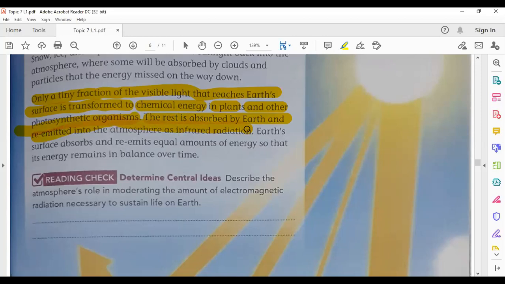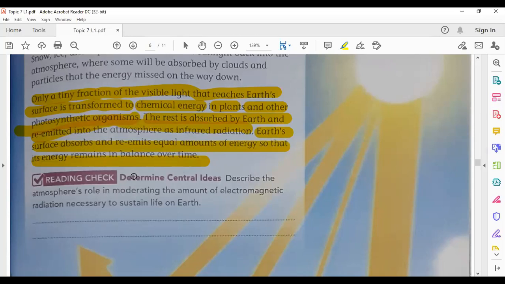Now you have to know that Earth's surface absorbs and re-emits equal amounts of energy so that its energy remains in balance. The total amount of energy must be equal. The energy that is absorbed and the energy that is re-emitted must be equal. Okay, fine. For this reason, the energy remains in balance.